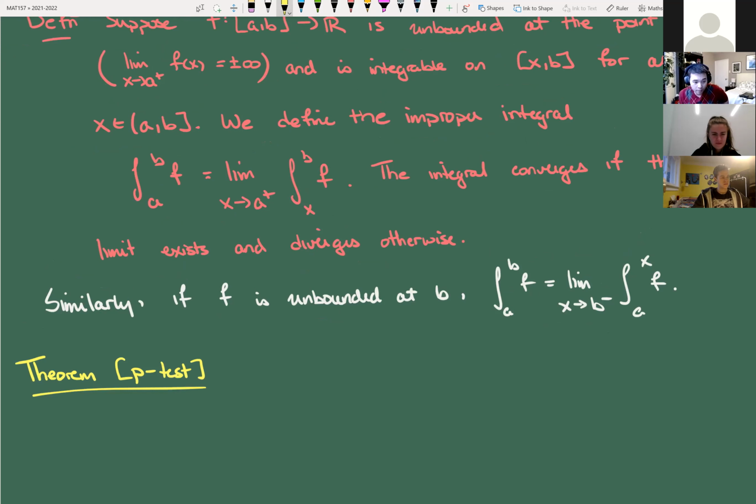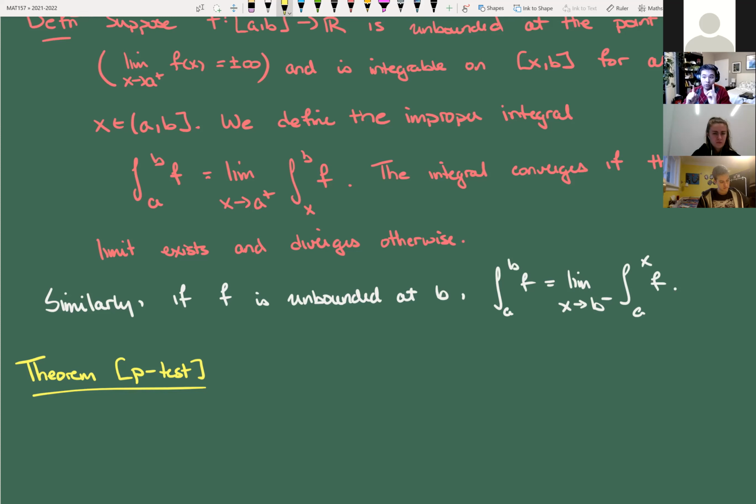All right, so there's another p-test. This time we have to be careful, because most of the theorems are almost verbatim copies of the theorems that we just did, where we were integrating from A to infinity, just with the appropriate things changed. The p-test actually does fundamentally change. It flips.